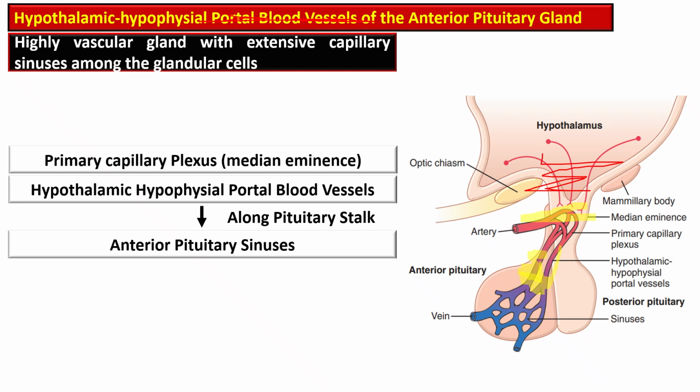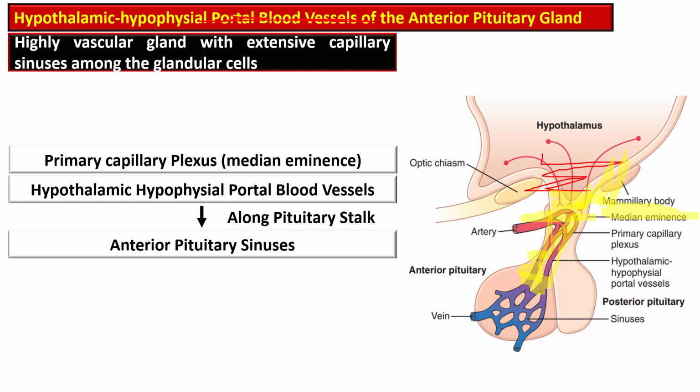The anatomical structures involved are, first, the median eminence, the lower part of the hypothalamus and the entry point of small arteries. Then the pituitary stalk or infundibulum is the pathway through which these portal vessels descend.